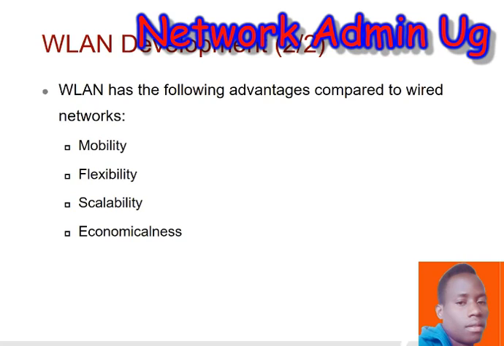Then flexibility. If we have a network that is totally connected with traditional cabling, flexibility is not so easy. If you have an old building without the original design, it would be difficult to lay cables.